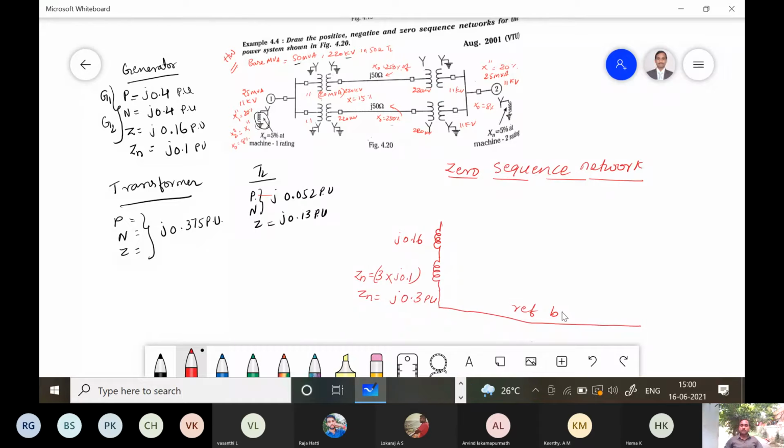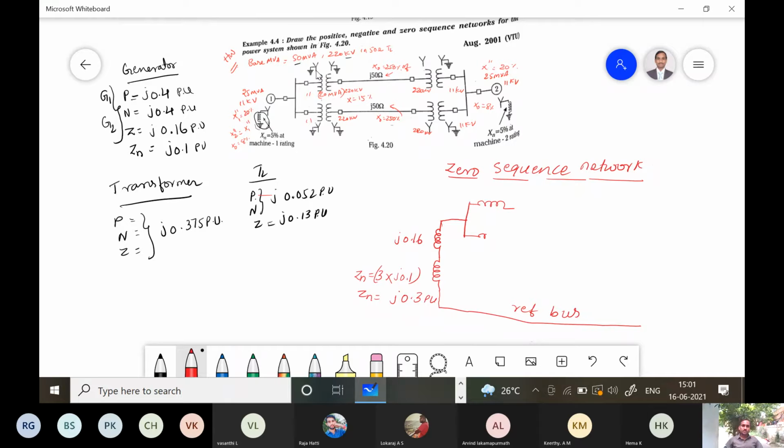So reference bus. This is about the generator side. After the generator, we need to write the transformer. In the transformer, positive, negative, zero are all the same, so write as it is. Before writing here, observe the transformer configuration.